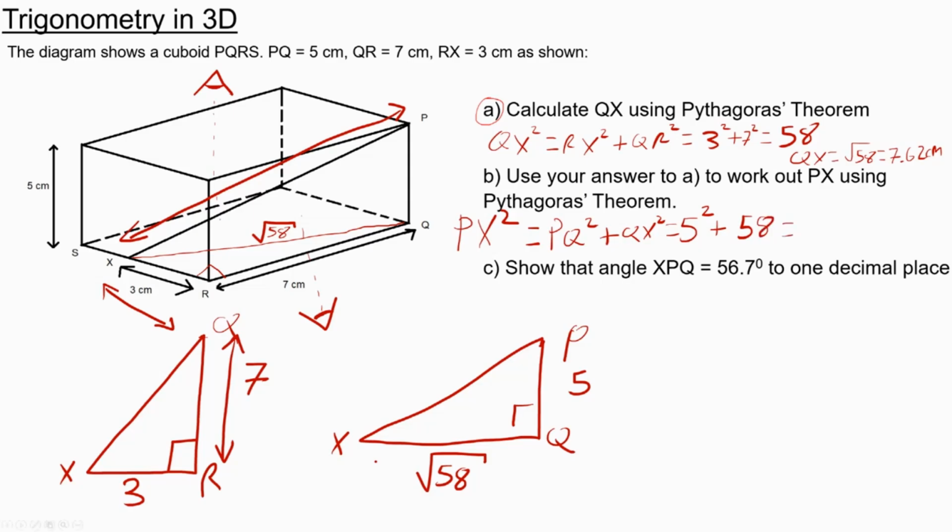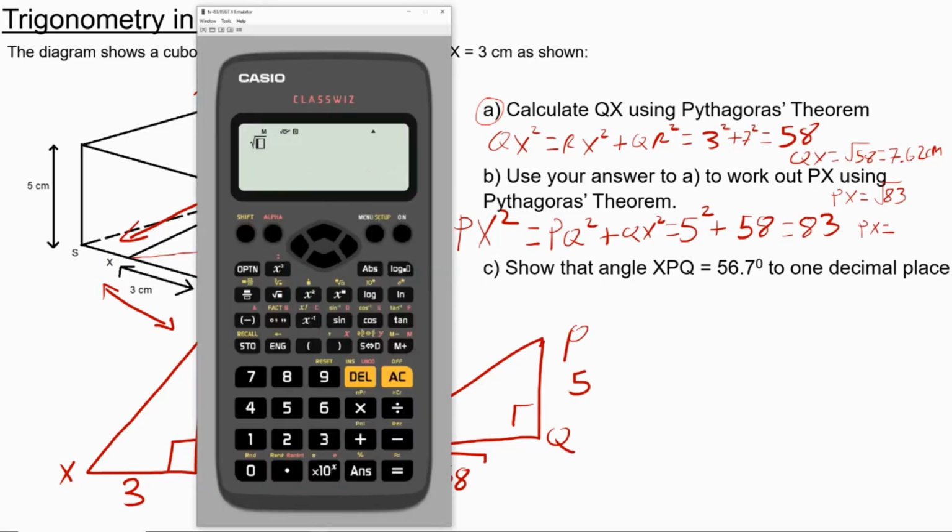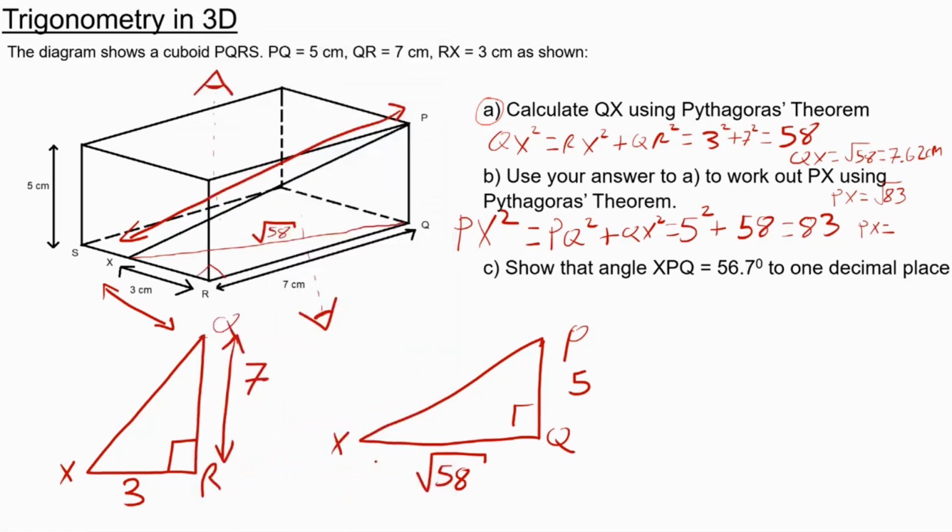So to work out PX squared, it's going to be 25 plus 58, which is 83. So to find PX, I need to square root both sides, so I do square root 83. So PX, to 2 decimal places, is root 83, 9.11 centimeters.